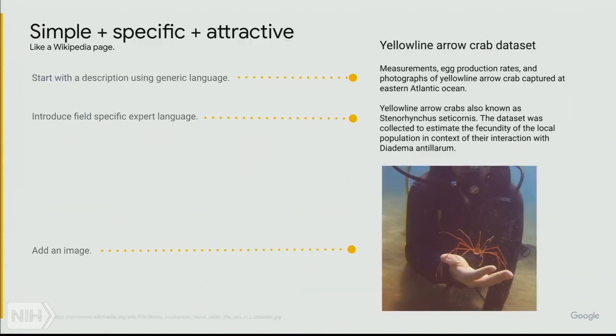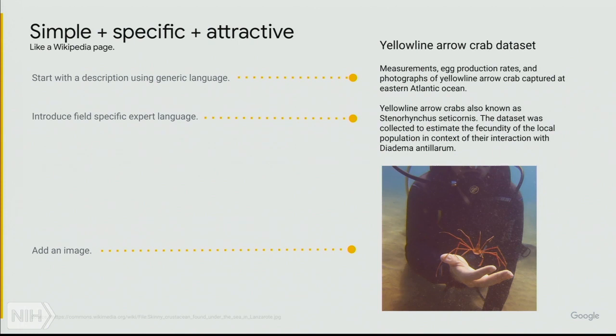So to optimize this, what I usually encourage is an analogy to Wikipedia. So all of us read Wikipedia pages, and they almost always, especially the good ones, start with a generic, simple English description of the topic. And such an approach to data sets helps to bridge that divide between field experts and experts in another field that I've talked about before.